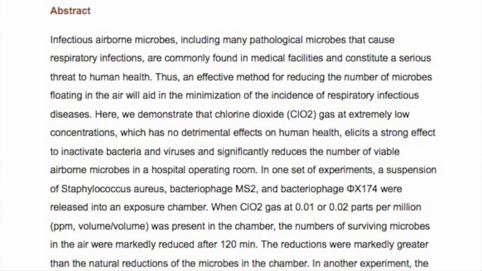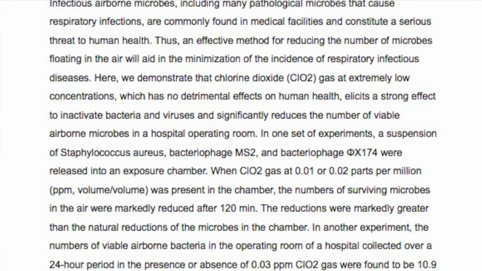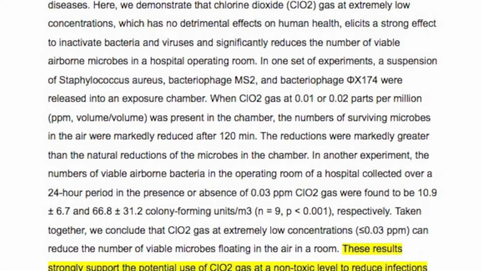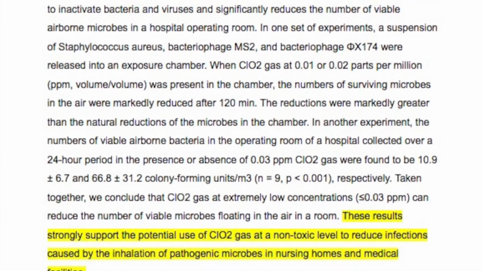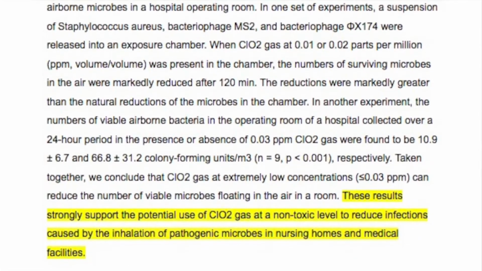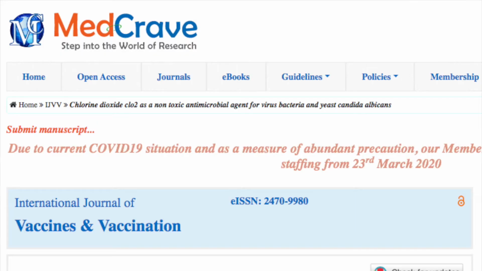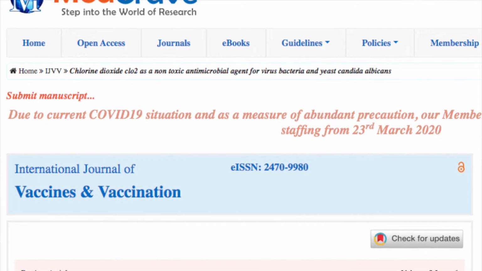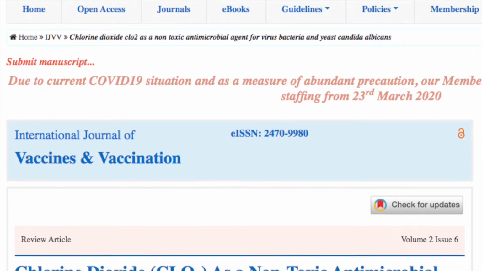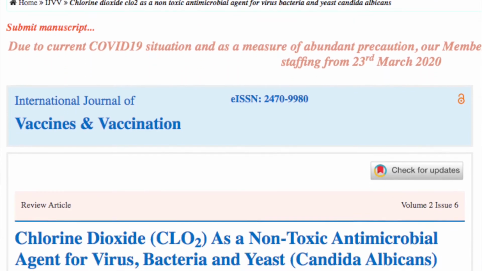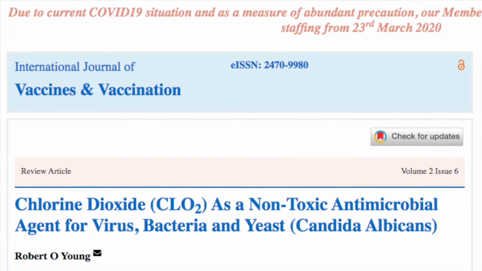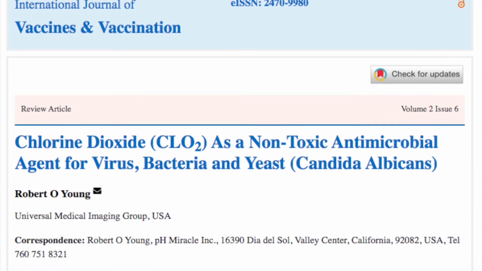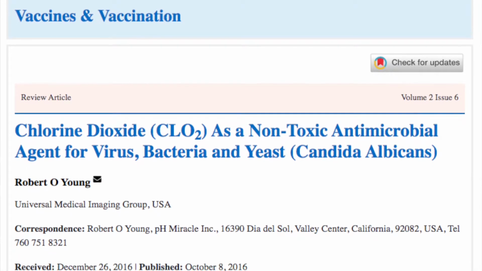Their results strongly supported the potential use of chlorine dioxide gas at a non-toxic level to reduce infections caused by the inhalation of pathogenic microbes in nursing homes and medical facilities. Another article published in 2016 by the Universal Medical Imaging Group praises chlorine dioxide as a non-toxic antimicrobial agent for viruses, bacteria, and candida yeast.